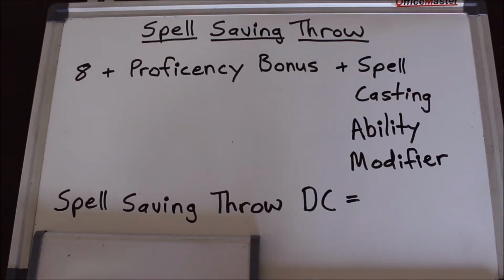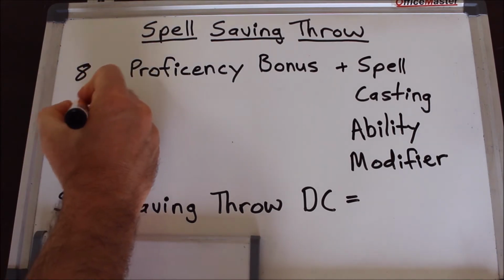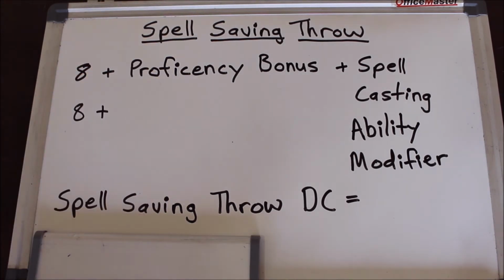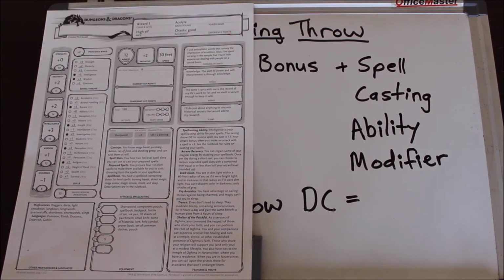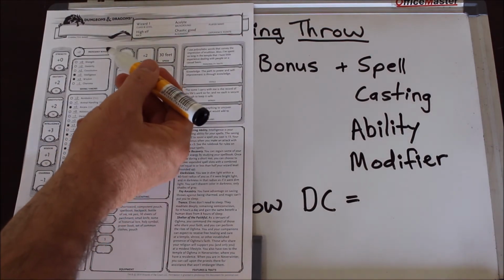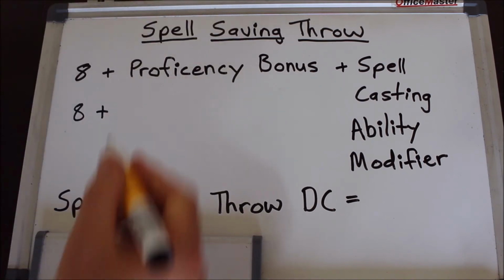For any spell that requires a spell saving throw, how do I figure out what my spell saving throw DC or difficulty class is? Well, first of all, start with 8. Add your proficiency bonus. So with our first level wizard, we had a proficiency bonus of 2. Remember, it was up here. Add 2.